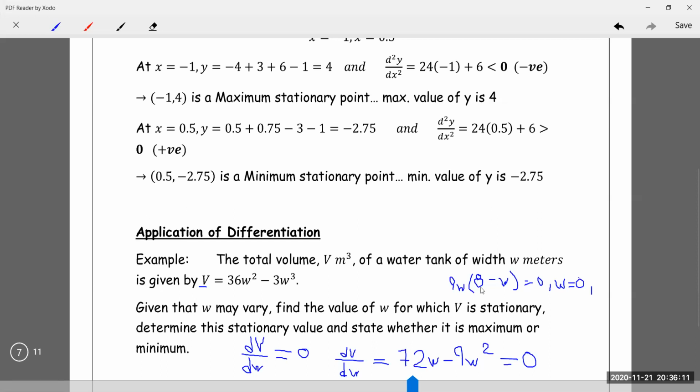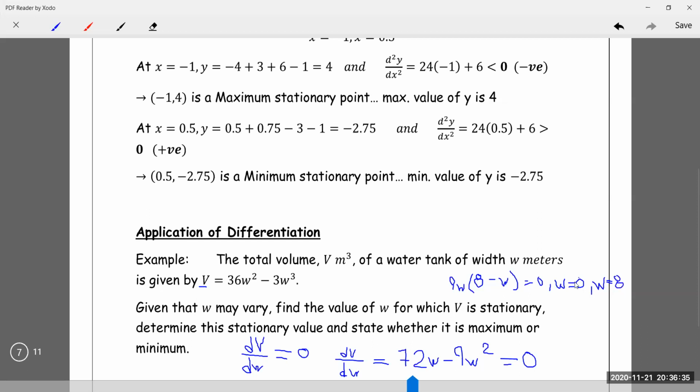Or if you have 8 minus W equals 0, what is W? Positive 8, because 8 minus W is 0, so W is 8.